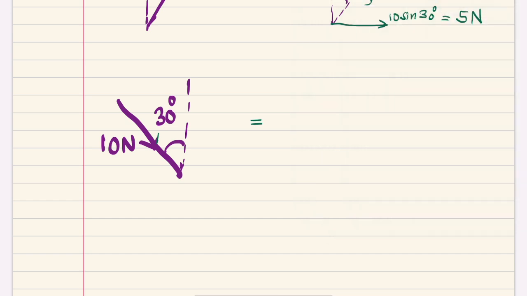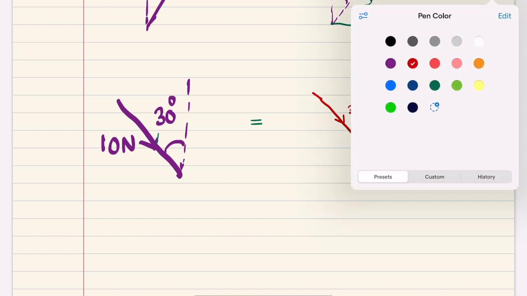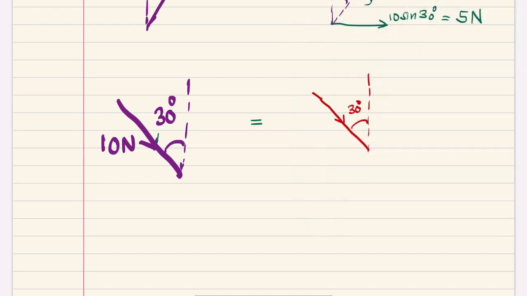We're going to replace this 10 newton force that is acting 30 degrees to the vertical with two other forces. One would be acting straight downwards, and the other going all the way from left to right.